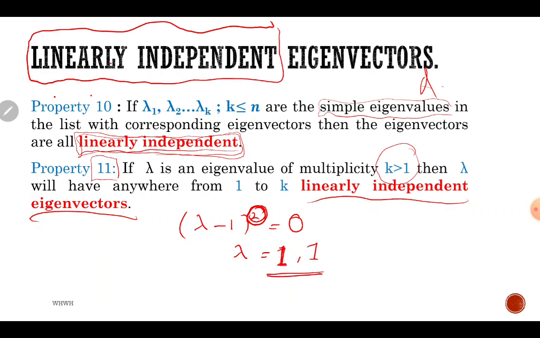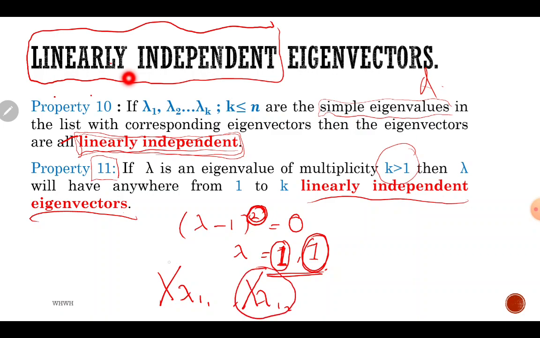So you have to find 2 eigenvectors, because actually we have 2 eigenvalues, it is a multiplicity, meaning it repeats twice. So you have to find the first lambda 1 and the second lambda 1, and the eigenvector for the first lambda 1 and the eigenvector for the second lambda 1. The relation between these 2 eigenvectors is also considered linearly independent.